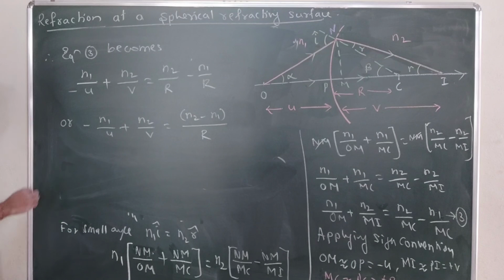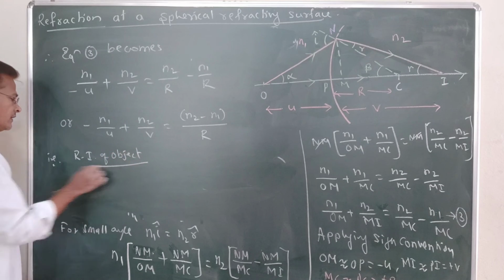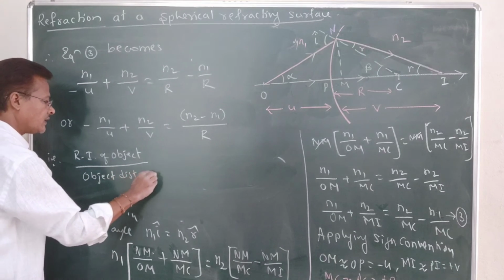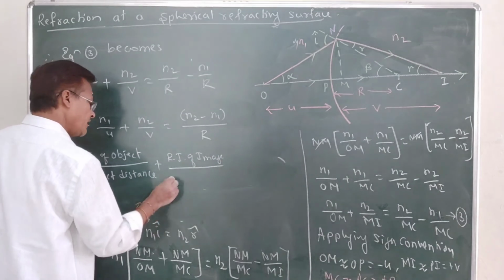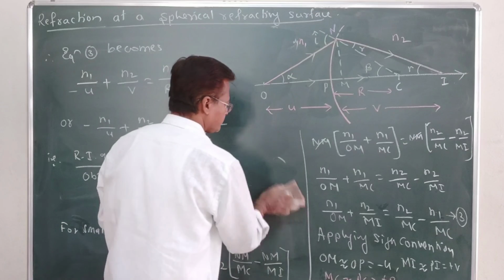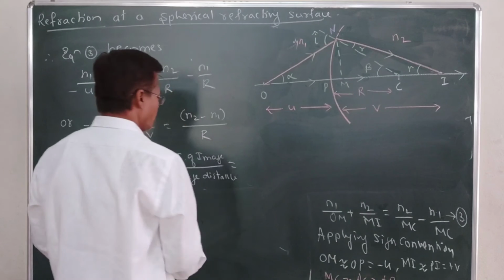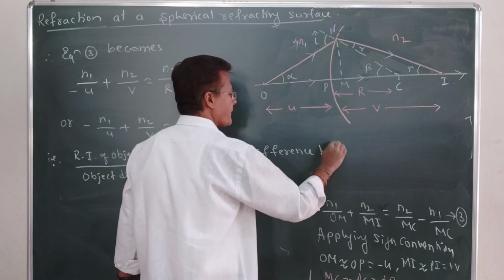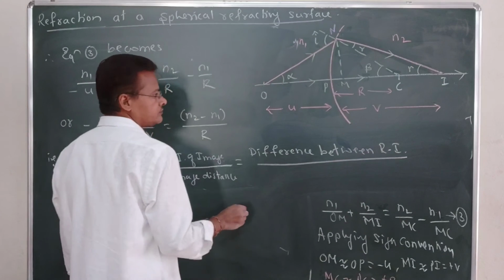So here N1 is the refractive index of the object medium, u is the object distance, plus N2 the refractive index of the image medium divided by the image distance v, equal to the difference between the refractive indices divided by the radius of curvature.